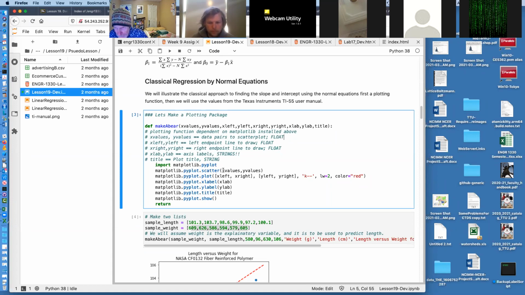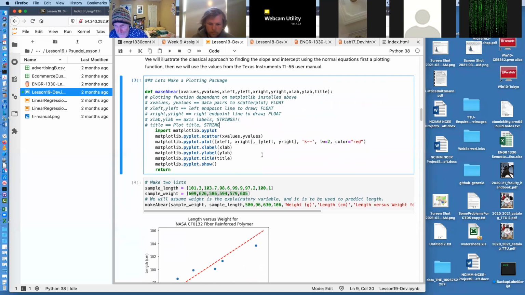Let's see. Yeah, they need to be lists. And it has a value x left and y left, which is the left endpoint of the line to draw, also a float. X right, y right, right endpoint of a line to draw, also a float. X label, Y label, those are strings. Title, a string. So there's our plotting package. Kind of like our make two plots, but different name.